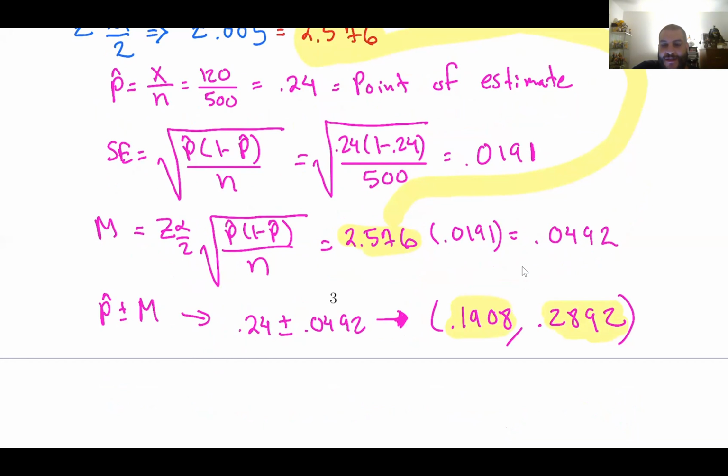One thing you have to know: in the confidence interval, the smaller number goes on the left-hand side, the bigger number goes on the right-hand side. So this confidence interval is telling us our parameter could be anywhere from 19% to 29%. Essentially that's the range it's giving us for our parameter. And that's how you find the confidence interval.